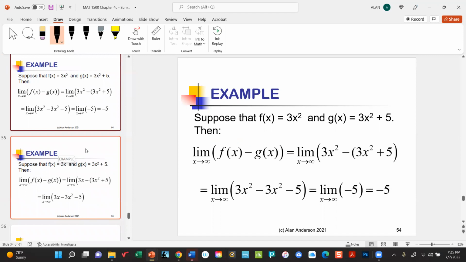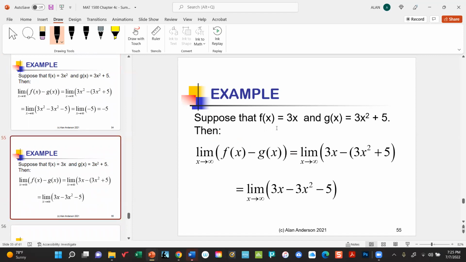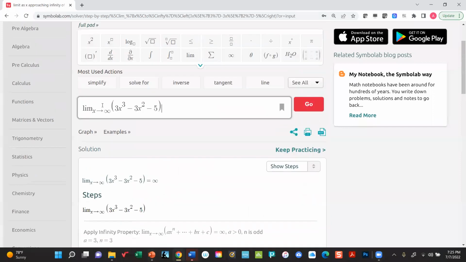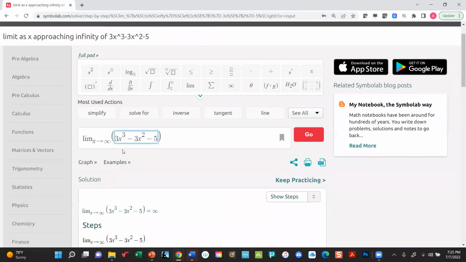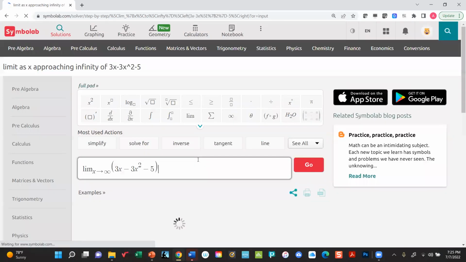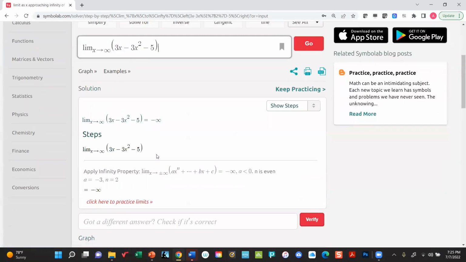Now this is the case that I was concerned about. 3x squared plus 5. So now we're looking at this one. Let's take a look at the graph. So this one actually is negative infinity.